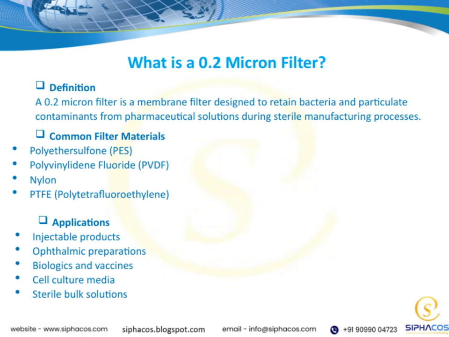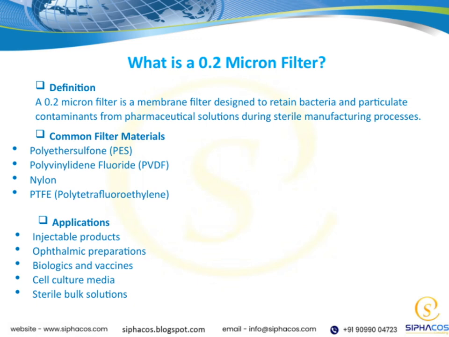Moving on, you might wonder, what exactly is a 0.2 micron filter? Well, a 0.2 micron filter is a type of membrane filter specifically designed to trap bacteria and other particulate contaminants. During sterile manufacturing processes, it acts as a critical barrier, preventing unwanted microorganisms from passing through and contaminating the final product.